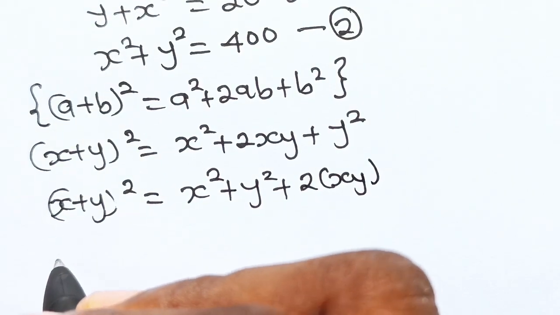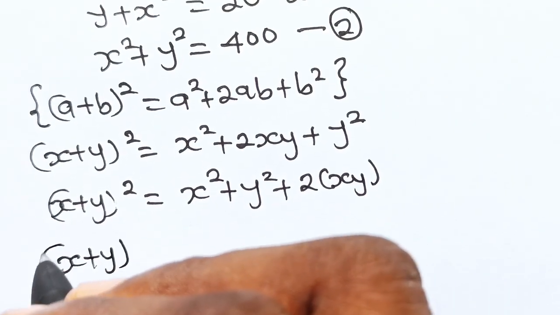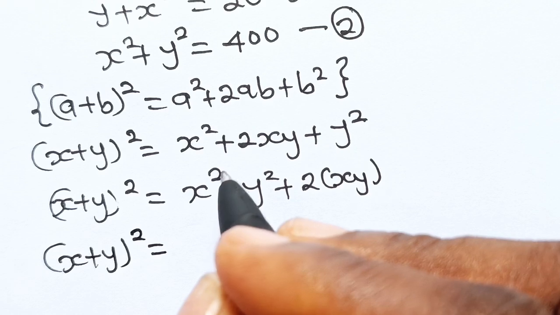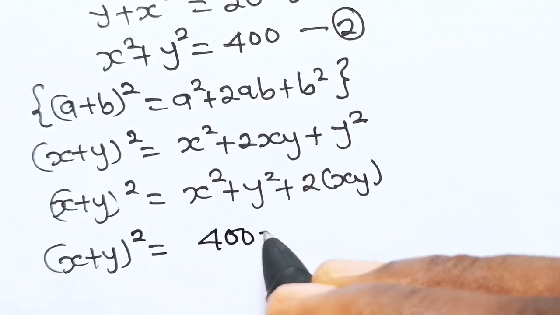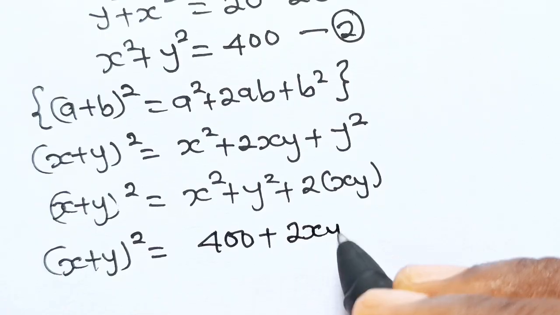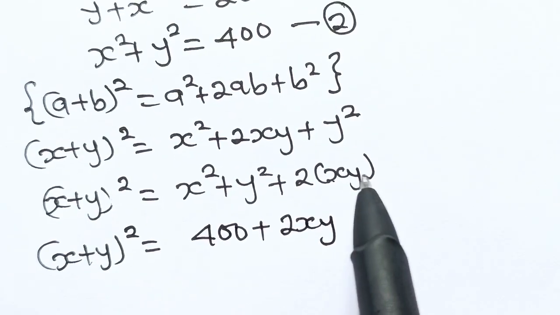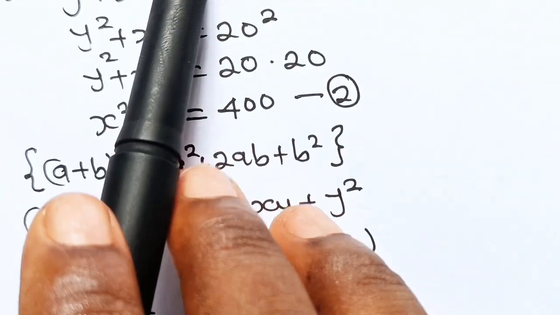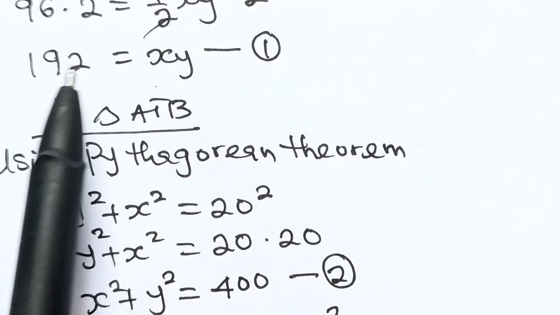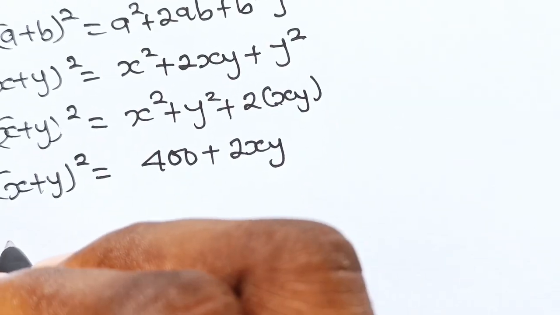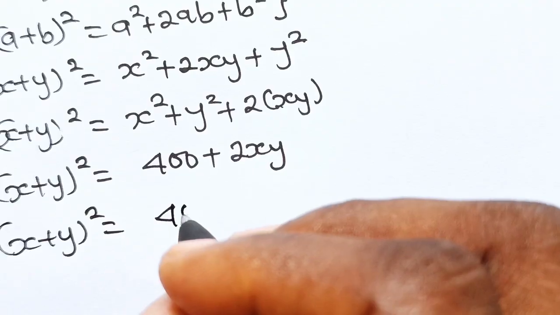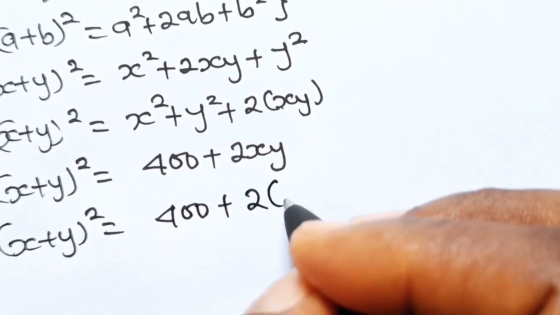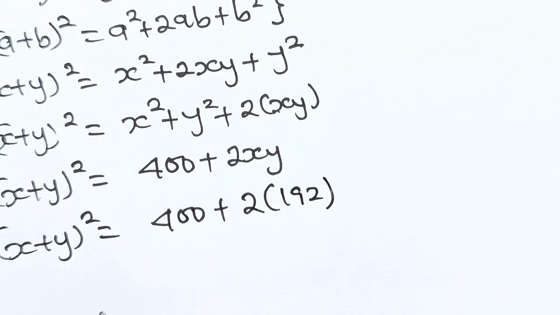So x plus y squared is equal to x squared plus y squared, which is 400, plus 2xy. Sorry, we have found xy as 192. So let's add it in the next step. I forgot to do that. So 400 plus 2 brackets 192.